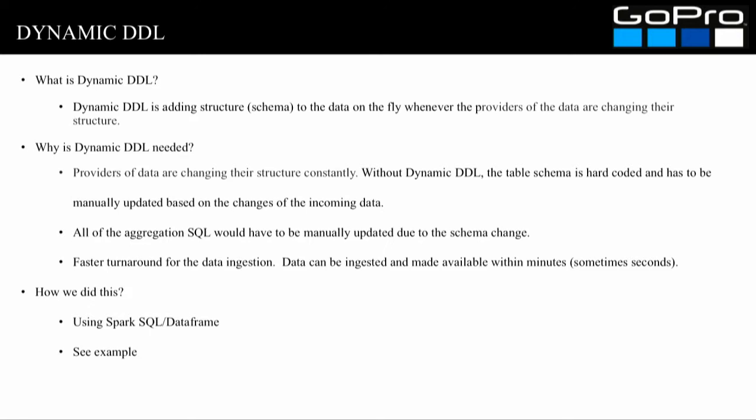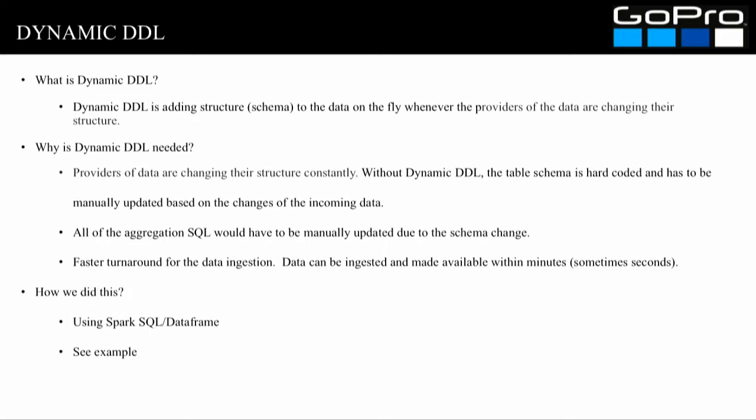In the next slides, I'm going to show an example comparing the fixed schema and the dynamic DDL schema. Before we came up with the idea of dynamic DDL, we used the idea of fixed schema. So basically, no matter how the incoming data changed, we used a fixed schema.